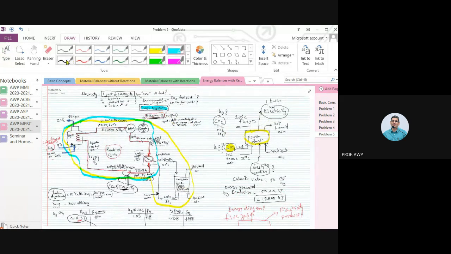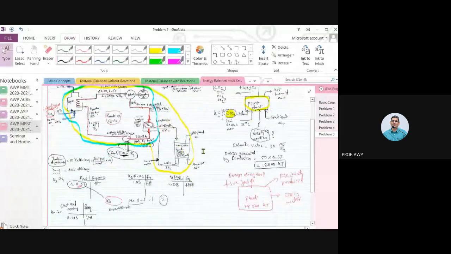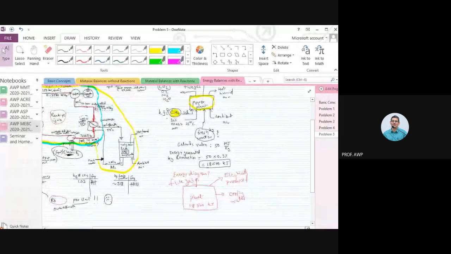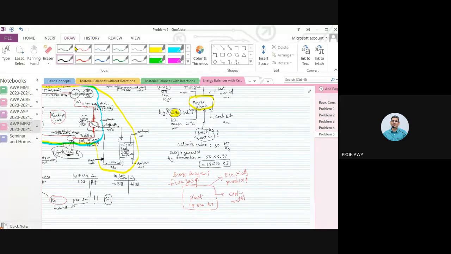We have produced electricity of 3.6 into 10 raised to 6 joules, which means 3,600 kilojoules. Right? So the electricity produced out of this 18,500 is 3,600 kilojoules.